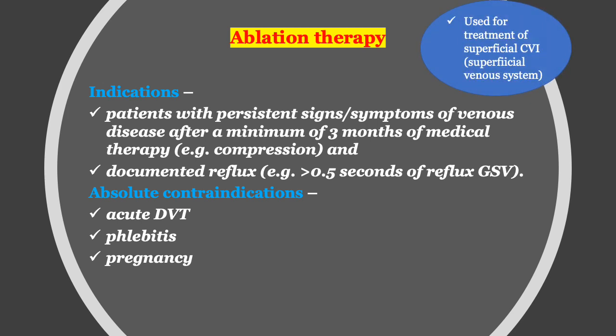So this ablation therapy is mainly used in cases of superficial chronic venous insufficiency, superficial CVI. That is to say, due to varicose veins with or without incompetent perforators. For deep venous insufficiency, we have another approach. Okay?